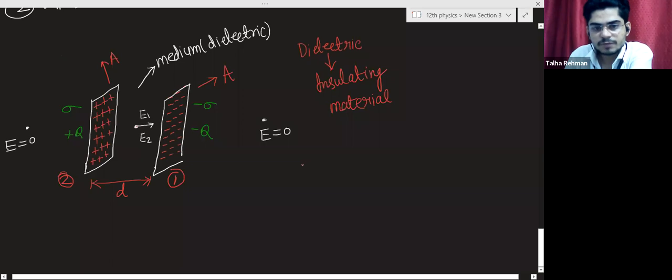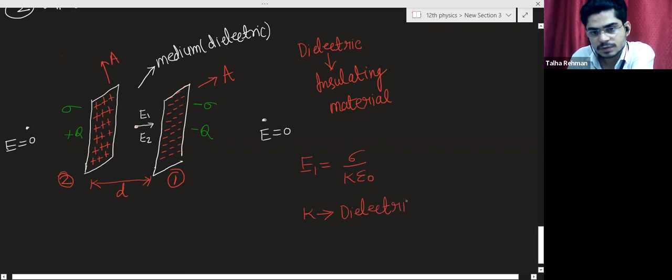Now the value of E1 will become sigma divided by K epsilon naught, and K is the dielectric constant of the medium. This has been studied in charges and electric field. After Coulomb's law, there is a topic known as dielectric constant.